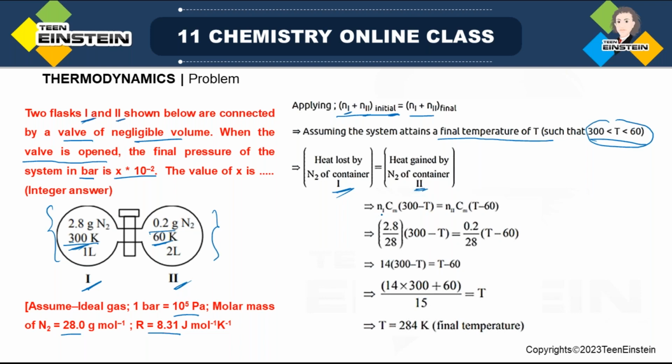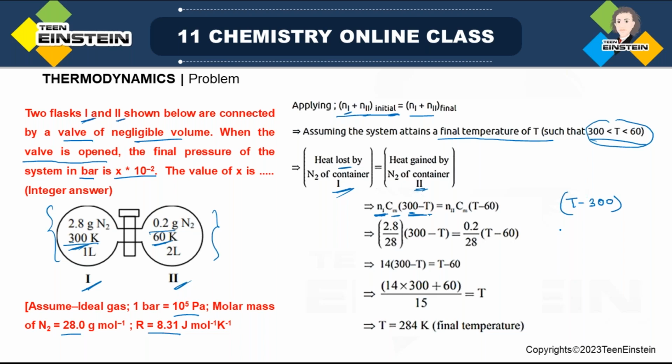Now heat lost is equal to the number of moles in flask 1 multiplied by the molar heat capacity, which is Cm, multiplied by the initial temperature and this T. As it is lesser, we have written 300 first, then T. And because it is heat lost, you can consider a negative sign, but if you are considering the negative sign, then you write T minus 300 because the final temperature is T. If you normally follow the convention, we write the final temperature first and then the initial, so it will be T minus 300.